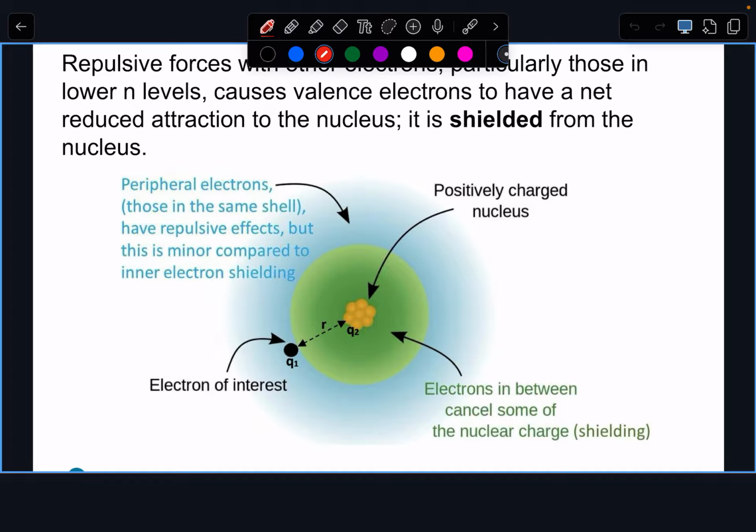So 1s2, 2s2, 2p6, and then 3s1. Okay? So when we look at the orbital diagram, we can say these are the core electrons, and these are the valence electrons.